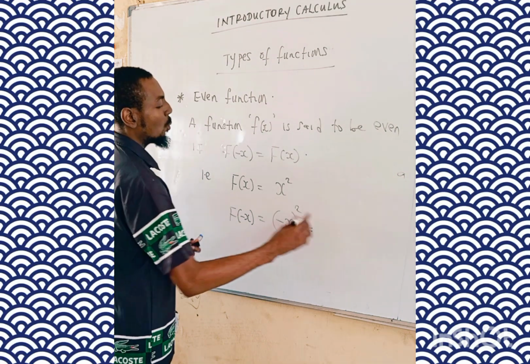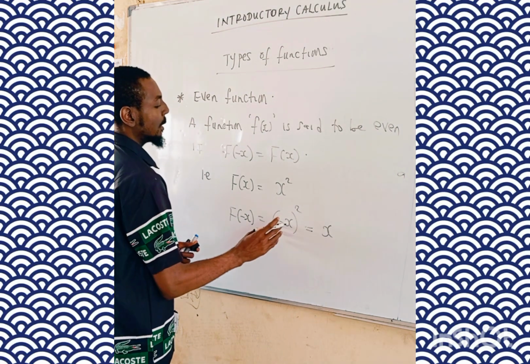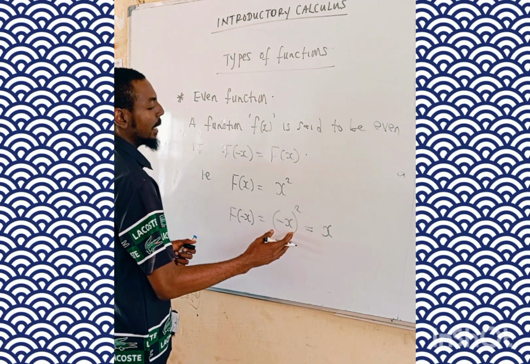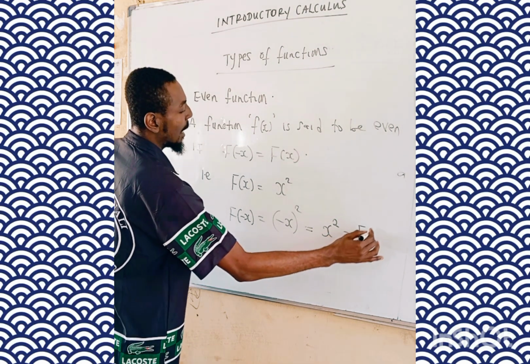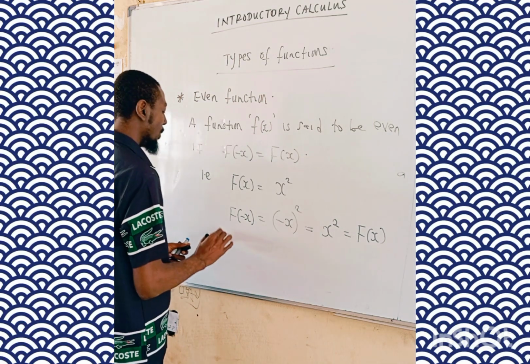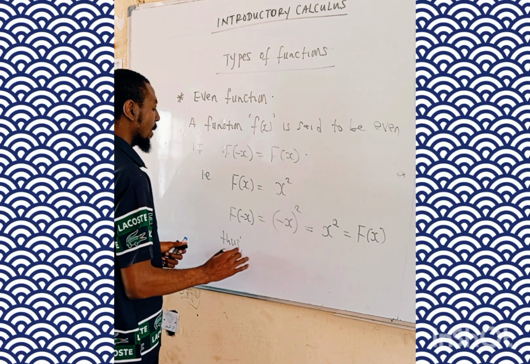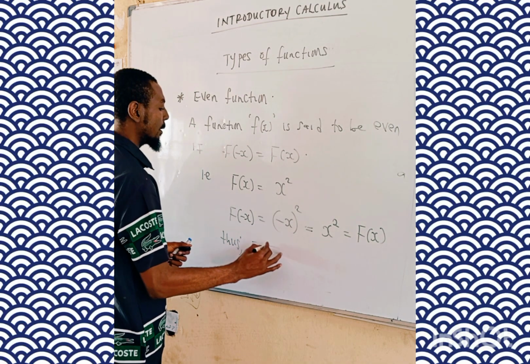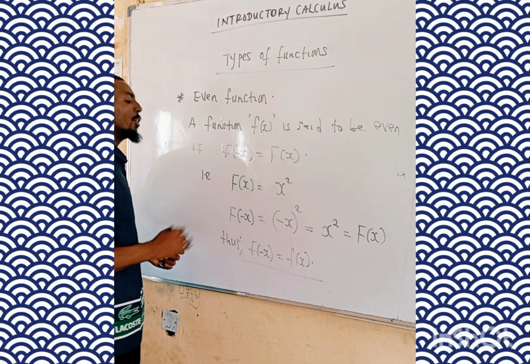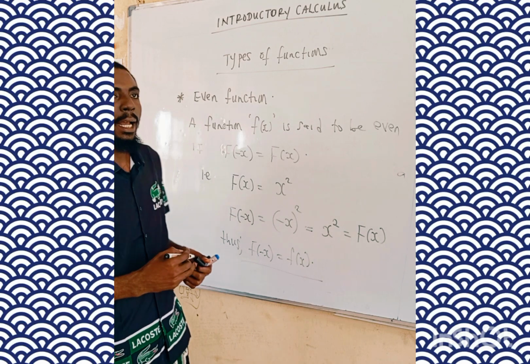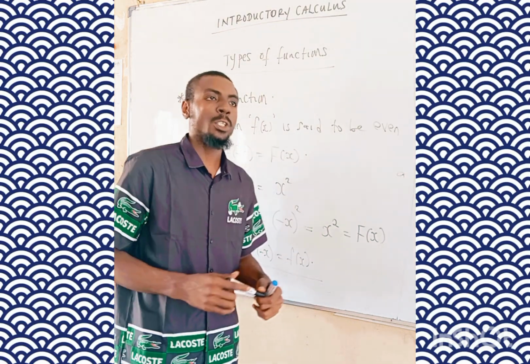So this will equally give you minus x into minus x, which is still plus x squared. So we're having the same function, which is our f of x. Thus, f of minus x is equal to f of x. The condition is met, therefore the function x squared is an even function.